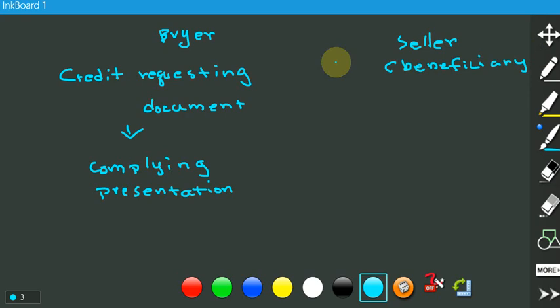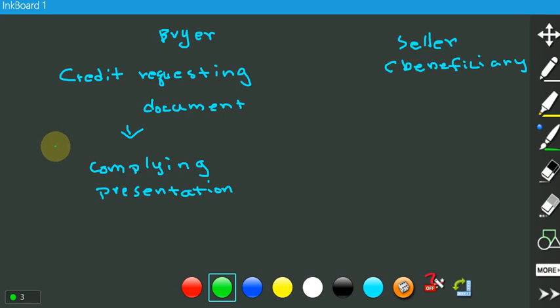We have two parties here, the seller and the buyer. The request of the buyer can be expressed in other words as the credit requesting document or complying presentation.